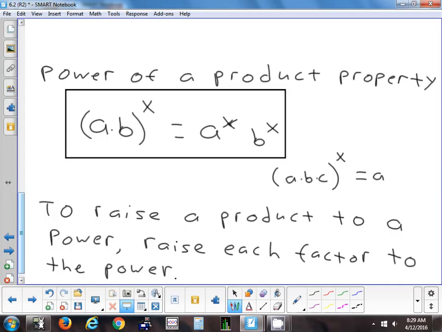A to the x, B to the x, C to the x. Good. You just do it. If you had 5 things in here, you'd have to do it 5 times. If you had 2, you do it 2. Just do it for each, however many you have. Right. Any questions on that?